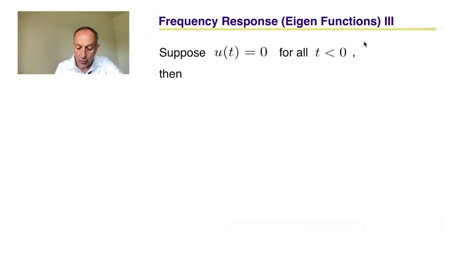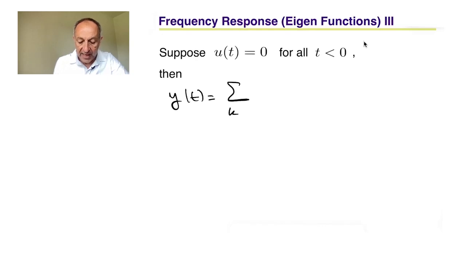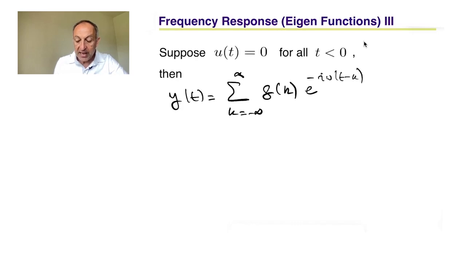So what you want to do now is say that your y of t is, as before, equal to the summation from k equals minus infinity to infinity, g of k, e to the minus I omega of t minus k. But now because I'm saying the input was 0 for t negative, this summation has to go up to t only.